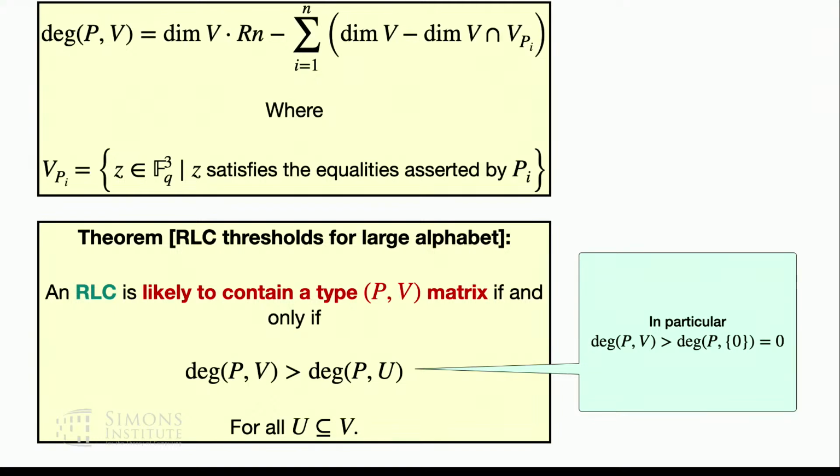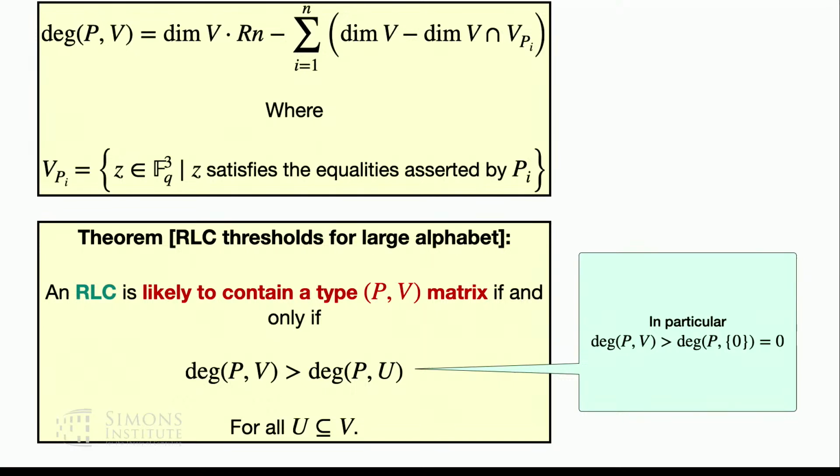Okay, and I just want to note in particular that clearly the degree should be positive. This is something we already said: if the degree is negative, we don't expect this type to belong to the code. So how does that work with this characterization? Well, this condition should in particular hold for u equals 0.